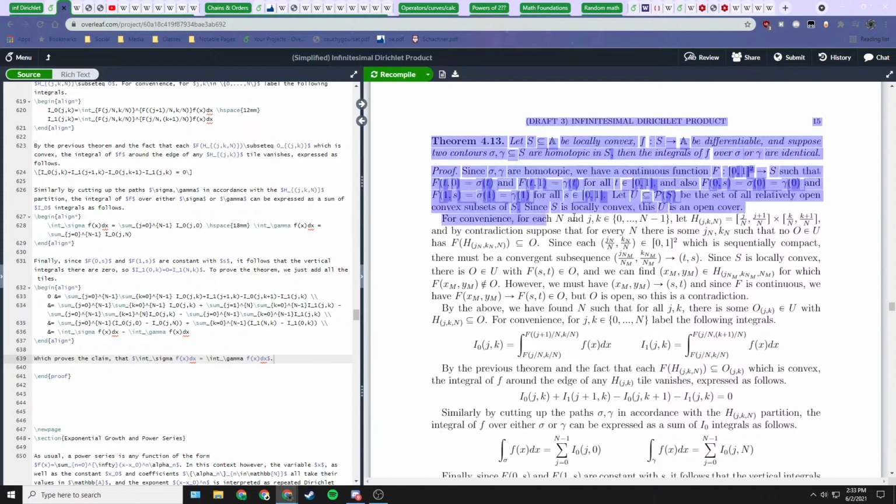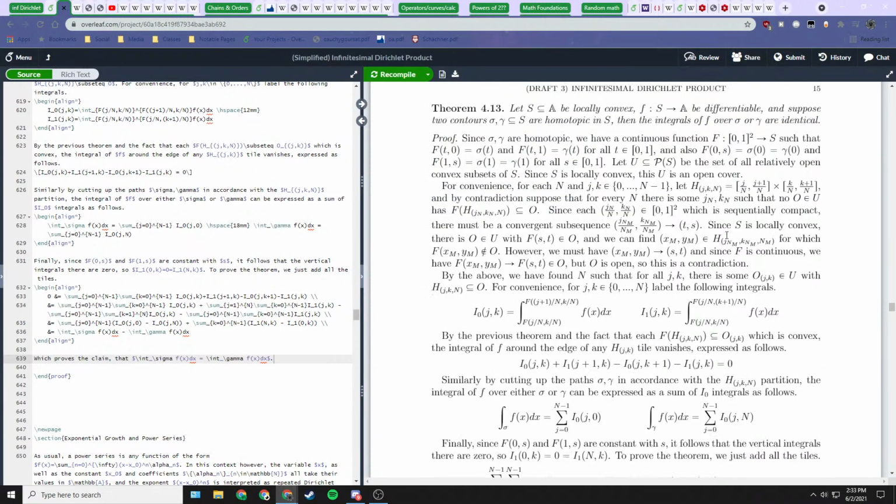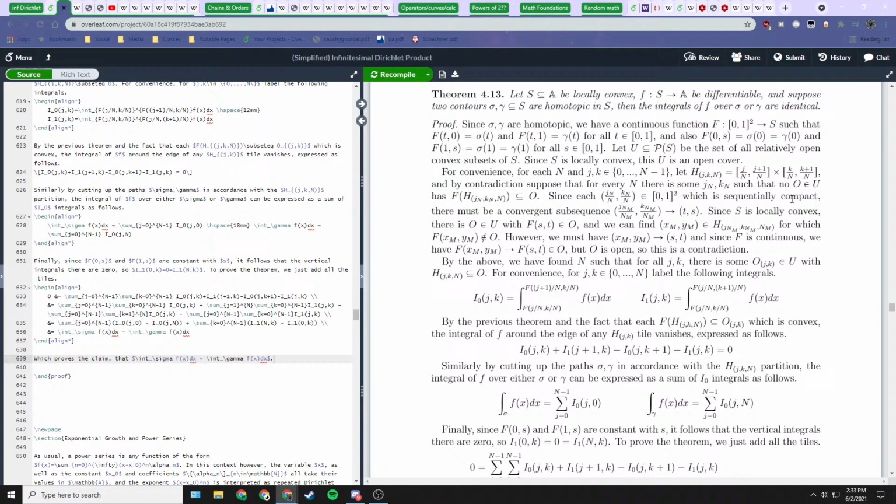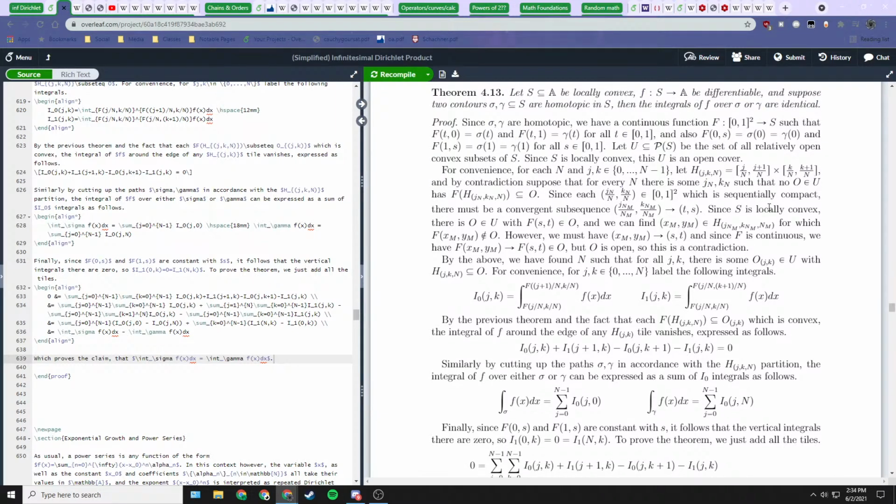So for convenience, for each one of these n's, let H be the subtile, and we're supposing by contradiction that we can't find a large enough n to cover all these tiles with convex open sets.